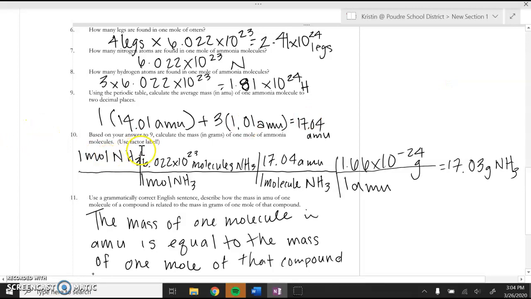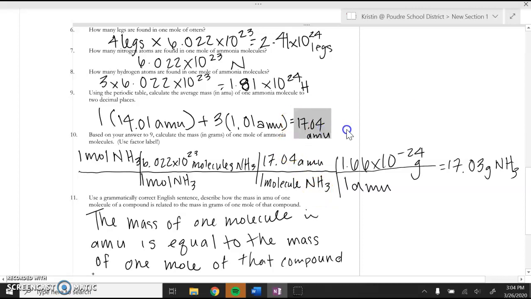Based on this calculation from number 9, we can take the mass in grams of one mole of ammonia to 2 decimal places. To do this, we use factor labels. So we start with 1 mole of ammonia. We know that 1 mole of ammonia is equal to Avogadro's number worth of ammonia, and 1 molecule of ammonia is 17.04 atomic mass units.